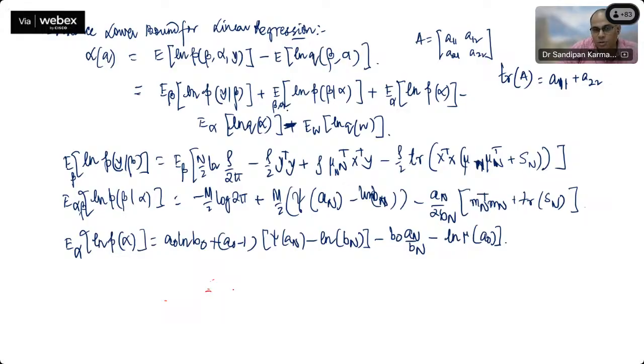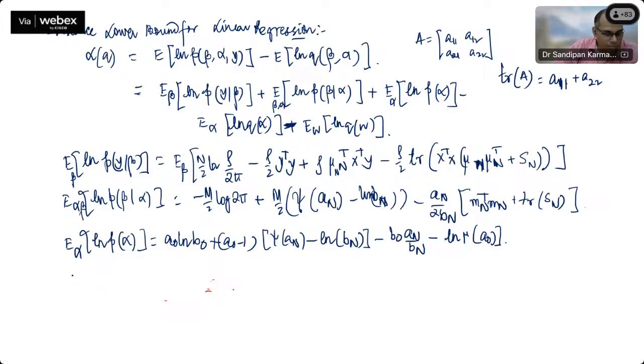The expectation will be done in terms of beta and alpha, whereas for ln p of y given beta, the expectation is with reference to beta only. Why? Because it has only y and beta. Which is a random variable here? y is your data, so you don't have to take expectation with respect to y. This kind of question will be asked.